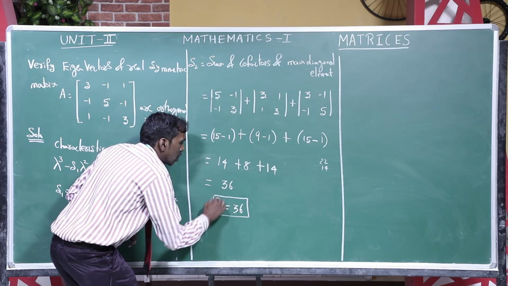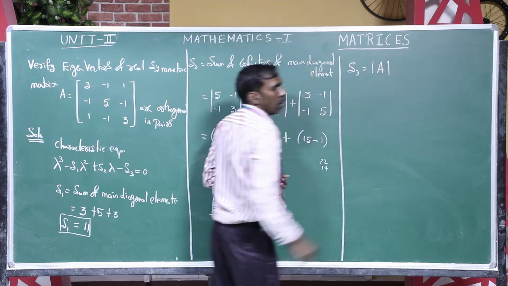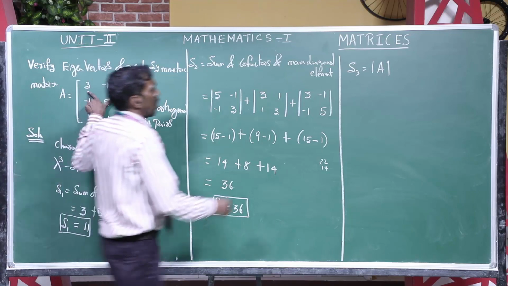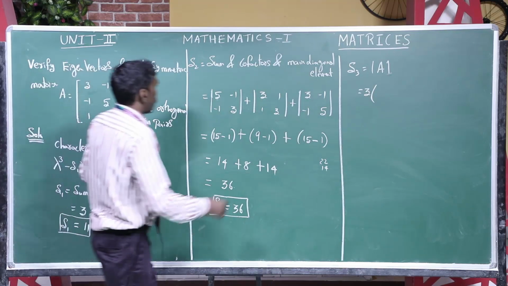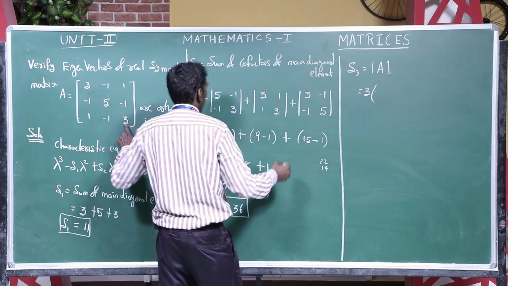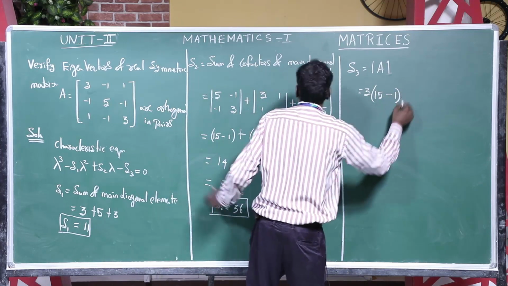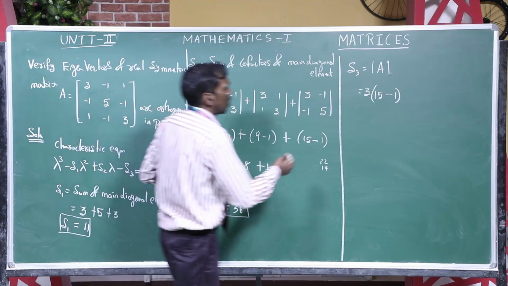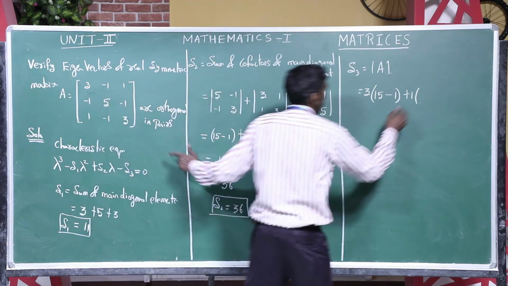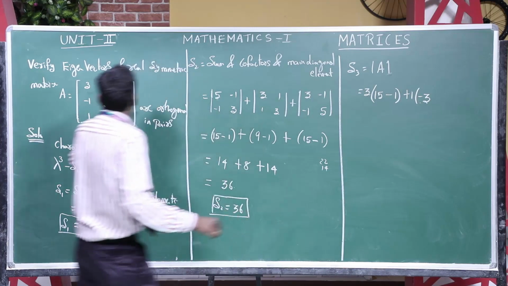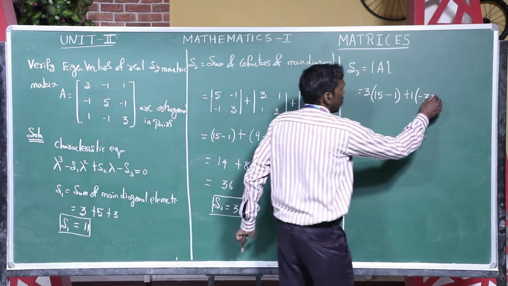Next we find S3. S3 is nothing but the determinant of A. Take the element 3 and leave out the first row and first column: 5 threes are 15, 15 minus minus 1 times 1 gives 15 minus 1. Then minus 1 is there, so with the sign change it is plus 1, times the minor leaving out the first row, second column, giving minus 3 plus 1.